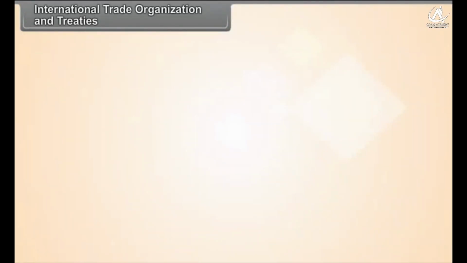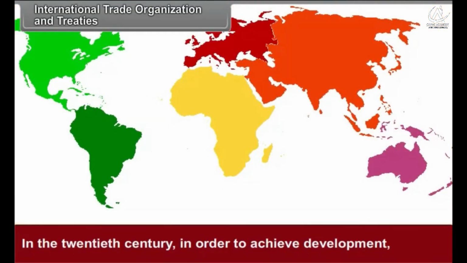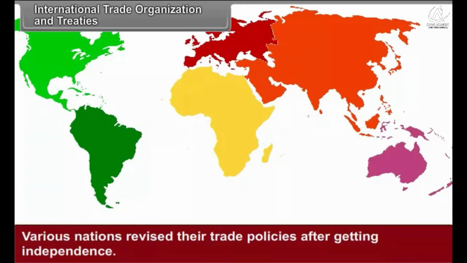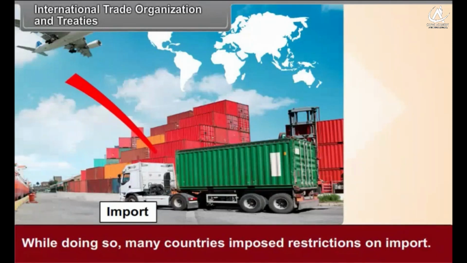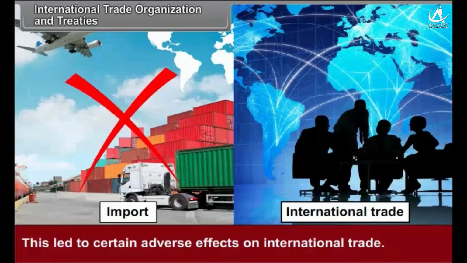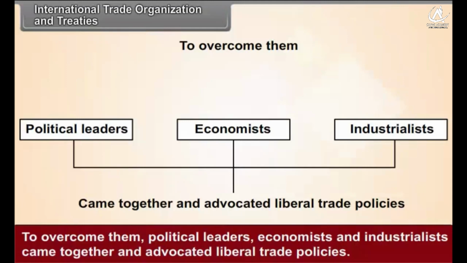International trade organizations and treaties. In the 20th century, in order to achieve development, various nations revised their trade policies after getting independence. While doing so, many countries impose restrictions on import. These lead to certain adverse effects on international trade. To overcome them, political leaders, economists and industrialists came together and advocated liberal trade policies.